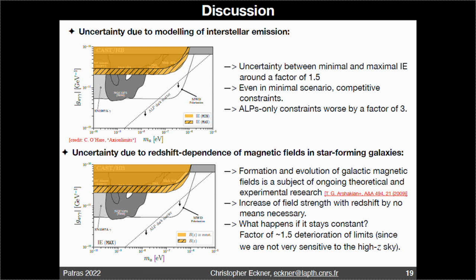If we do not include any astrophysical modeling, so simply go and say, well, our axion-like particle signal is not supposed to overshoot the data, then those constraints are worsened by a factor of about 3. But even in the minimal scenario for the interstellar emission, you are competitive with current bounds on those particles from TeV energy range experiments and measurements.